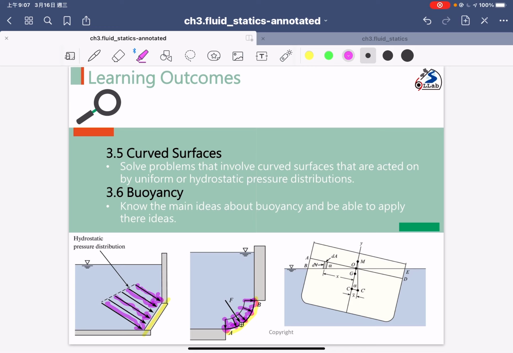So how can we determine the force distribution based on different cases? Okay, so it's very important.